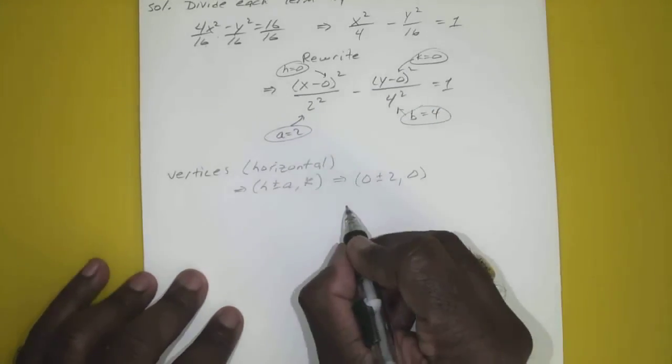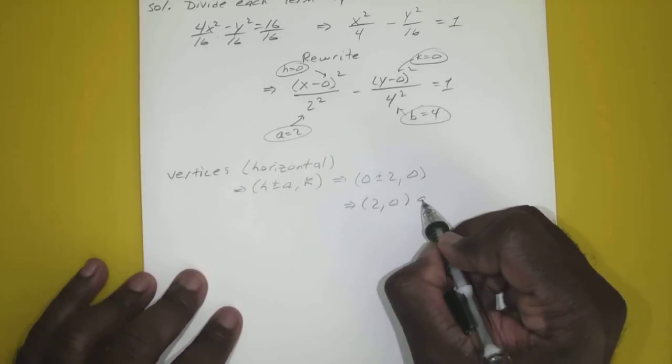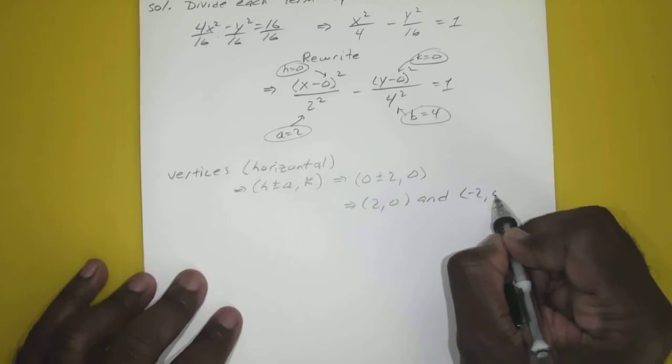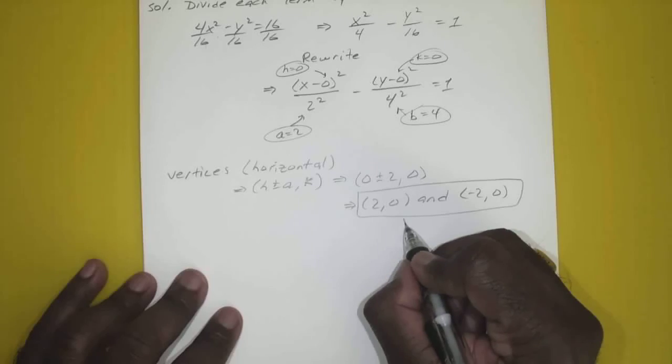So it would just be vertices at 2, 0, and negative 2, 0. Or 0 plus 2, 0 minus 2.